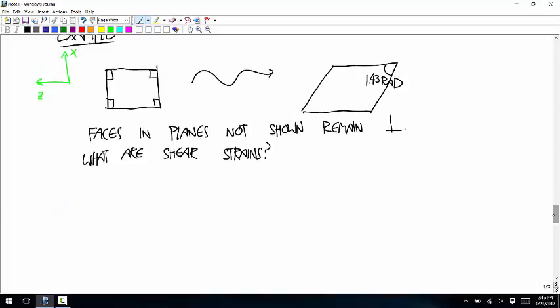Well, first of all, we know that there's no angle change between the X and Y faces, and no angle change between Y and Z faces because those aren't shown. So gamma XY is equal to gamma YZ, and those are equal to 0. The only one we have to figure out is the one in the XZ plane. The next thing we have to do is figure out which of these are the positive faces. What's the positive X face?